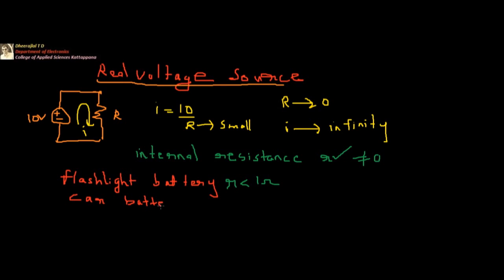A car battery also has some internal resistance r, and that internal resistance is less than 0.1 ohms. An electronic voltage source may have an internal resistance of less than 0.01 ohms.